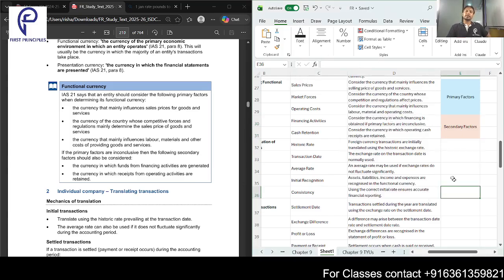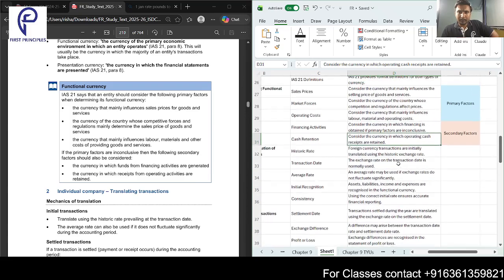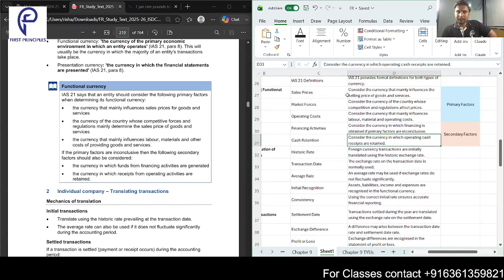These two are our secondary factors, in which the financing is obtained and in which the cash receipts are retained. Okay, secondary factors. So this is all about the functional currency.